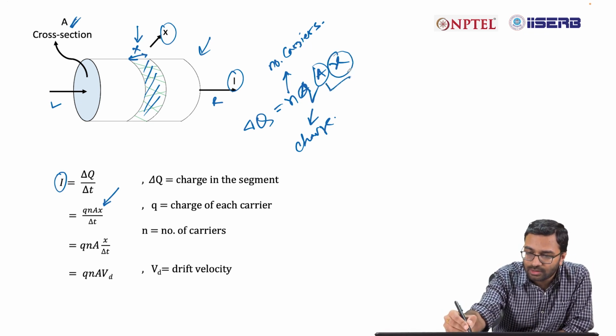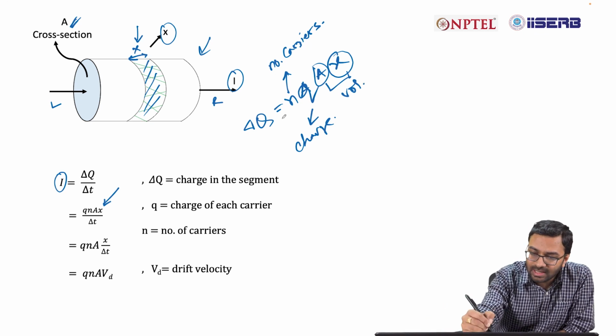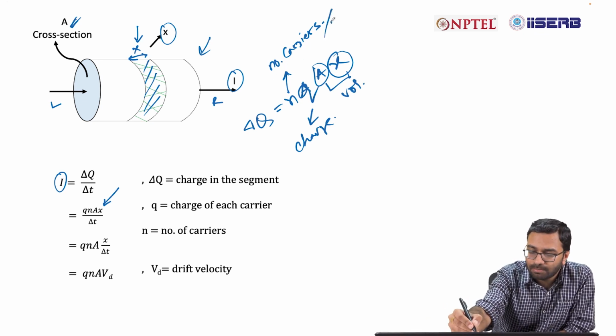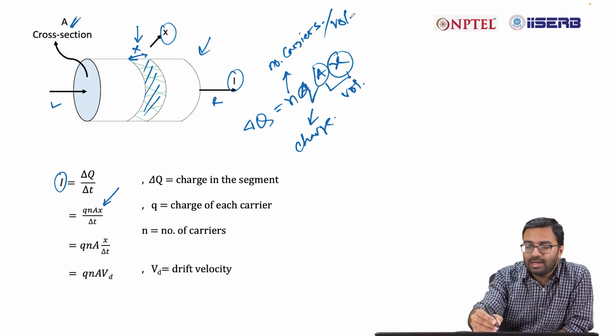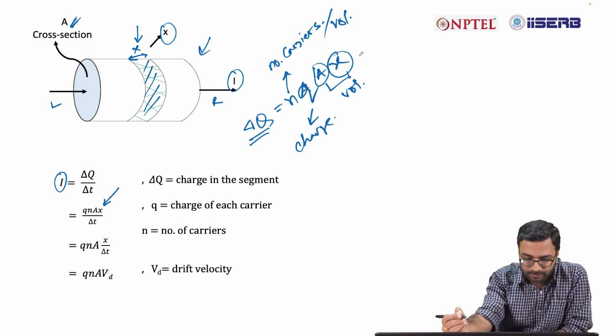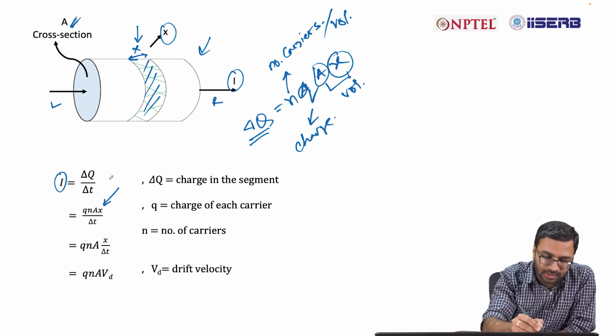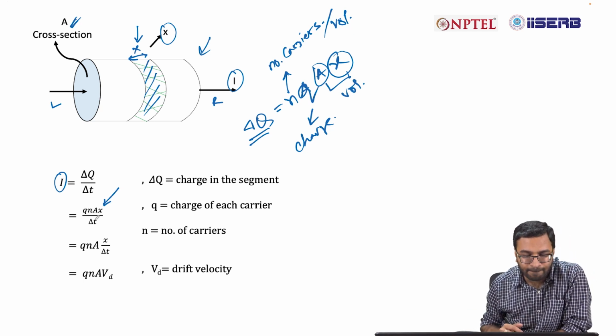So A and x together give you the volume, and in this case n is basically the number of carriers per unit volume. So you will find that the value of del q is n q A x, and the expression will reduce to q n A x divided by del t.